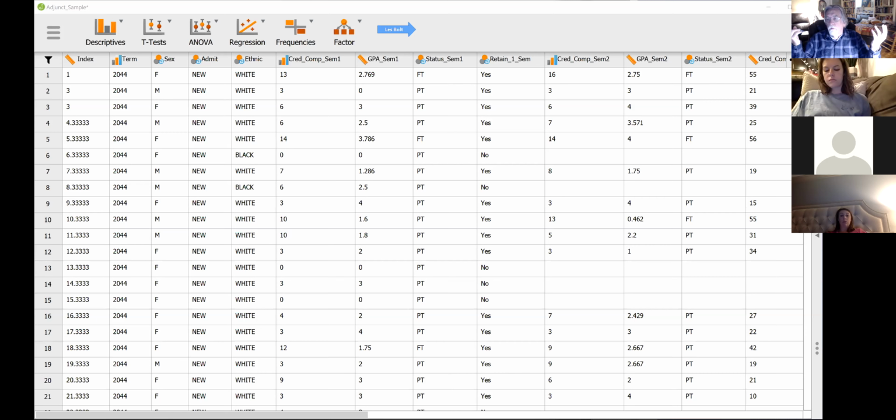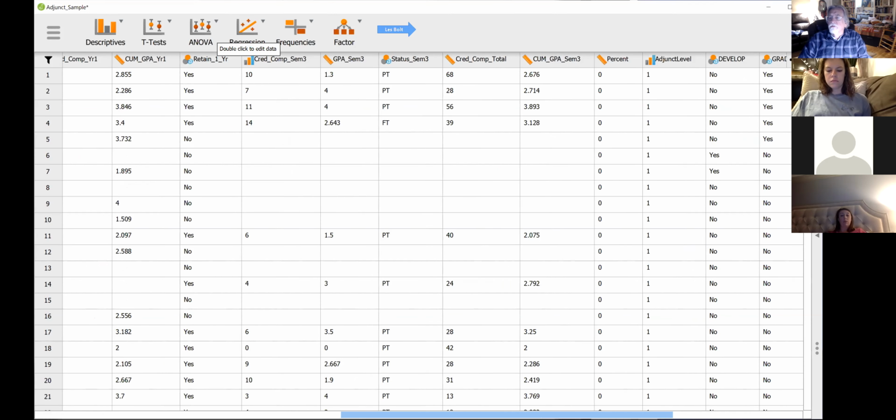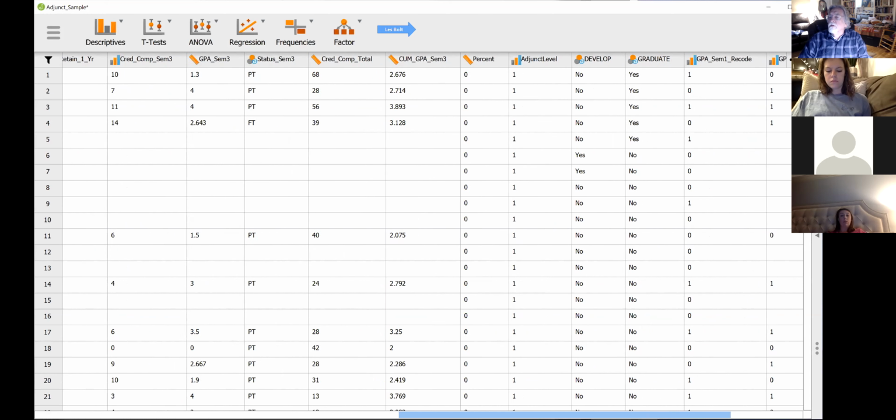It arbitrarily assigns the 0s and 1s, unless you have a particular coding that you've put into place, or you can create new variables that are all 0 and 1.